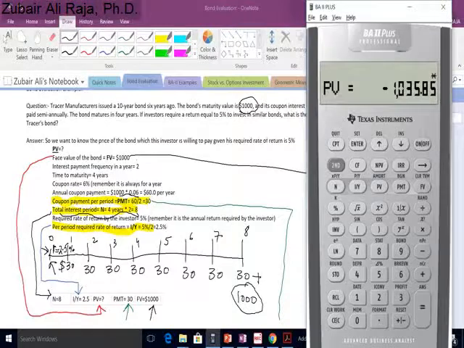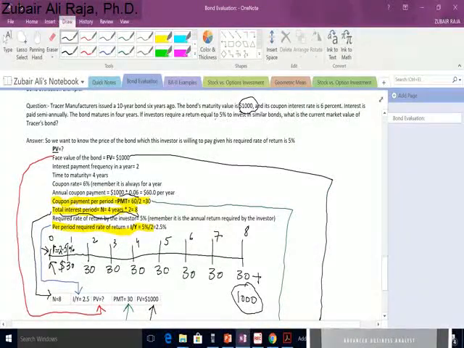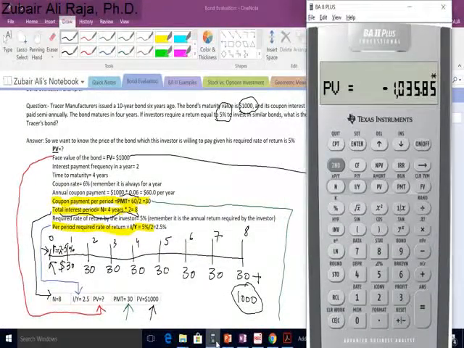The interest rate is 5%, right? The investor is setting his required rate of return based on the interest rate in the economy. So 5% is the required rate of return or the interest rate in this case, and this is below the 6% coupon rate.